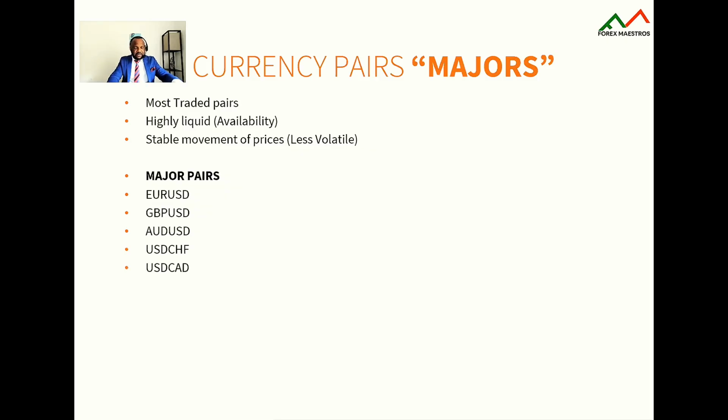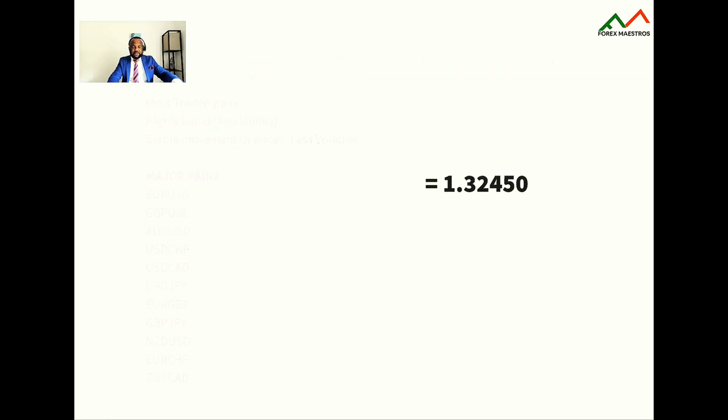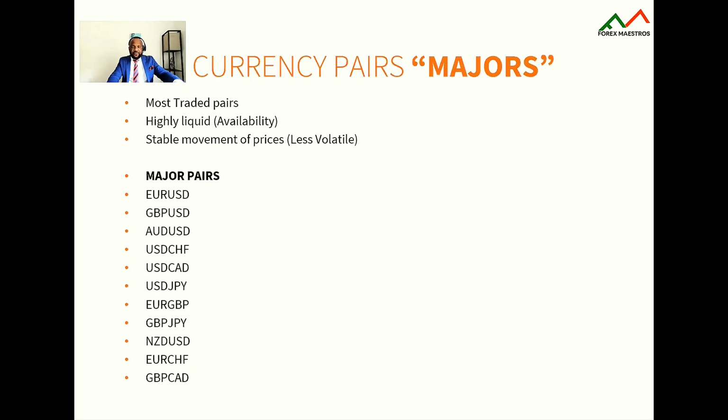USD Canadian dollar, USD Japanese yen, Euro versus GBP, Great Britain pounds, GBP versus Japanese yen, New Zealand dollar versus USD, Euro CHF, Euro versus Switzerland franc, and I think finally Great Britain pound versus Canadian dollar.